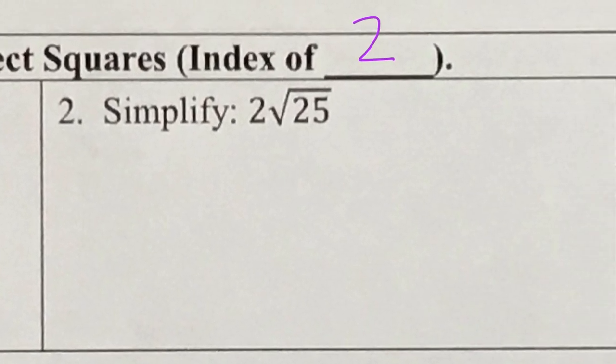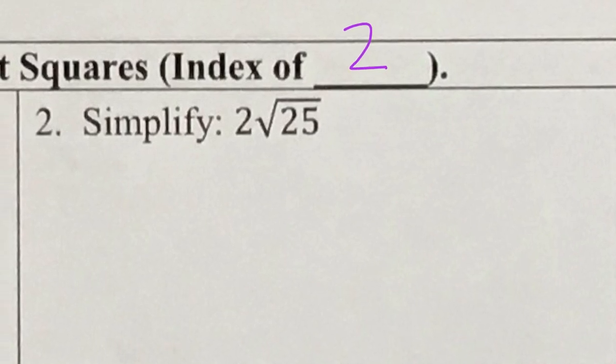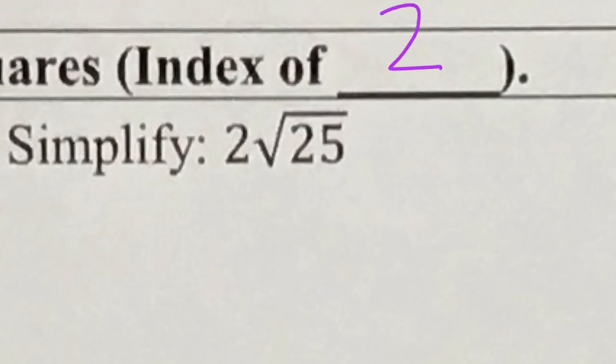Okay, how about 2 times the square root of 25? When we don't see a symbol here, you are to understand that it is a multiplication problem. We are going to multiply 2, the number on the outside, times whatever the square root of 25 is. So what is the square root of 25?